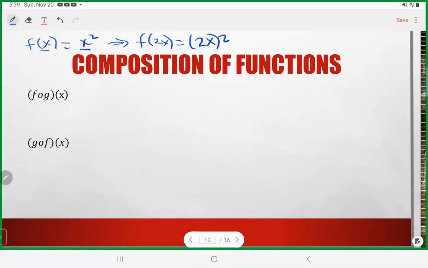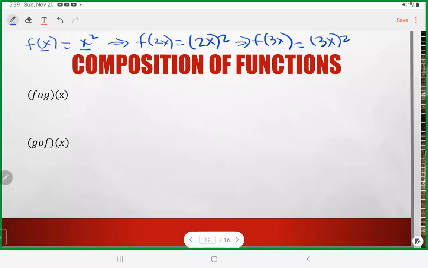Because if f of x is equal to x squared, then f of 2x is just equal to 2x squared. Then what is f of 3x? Then it is 3x squared. You just plug it in for x. So f of a is equal to a squared.